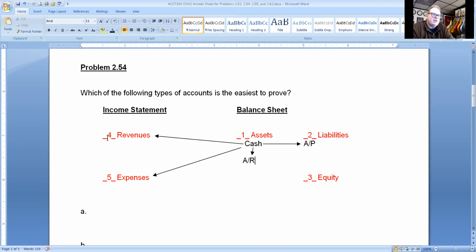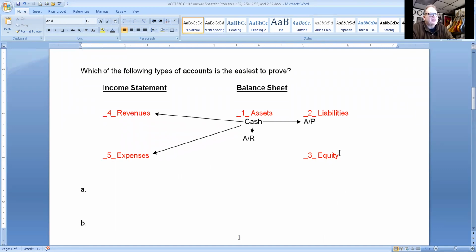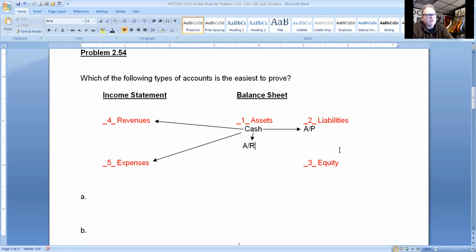It doesn't necessarily mean they couldn't still change the revenues and expenses. They could overstate the revenues or the expenses, but the income has to tie into the equity section. So they can't get too crazy with this if these are all okay. So anyway, that's kind of how we do auditing those. We start with the easiest thing, which is the assets, and then we move to the other accounts.